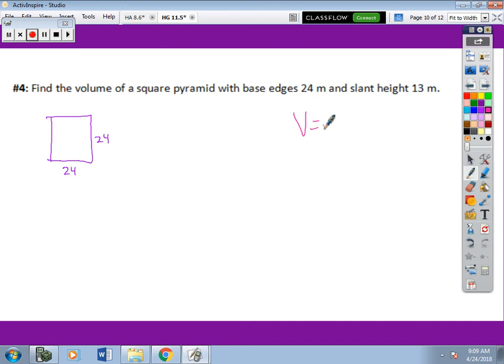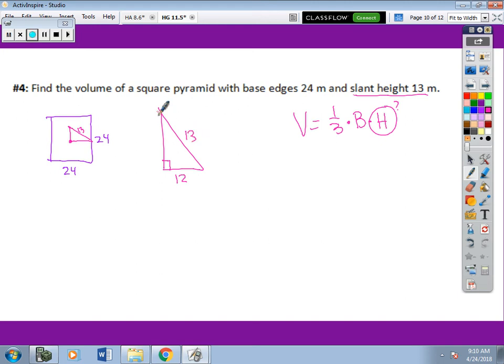So, again, this is the same setup as last time. We don't know what H is. We know what slant height is, which would be L. So again, if you remember, you can create a right triangle that would go from the center to a side, and then we could label the slant height, which is 13. So cutting the base in half, the 24 in half, we get 12.